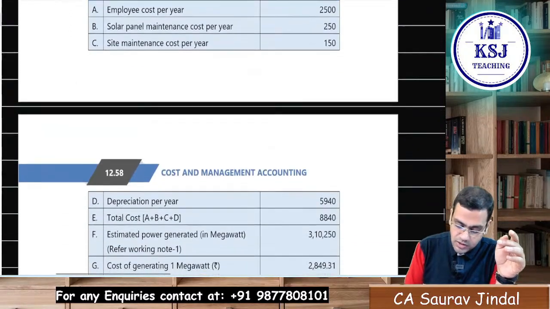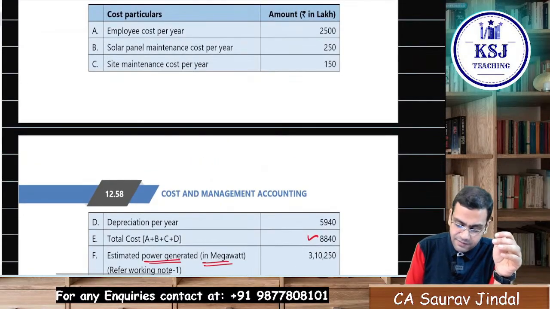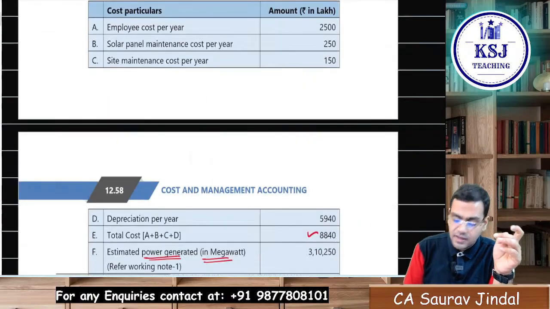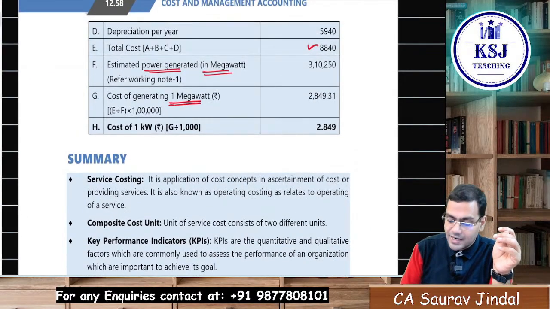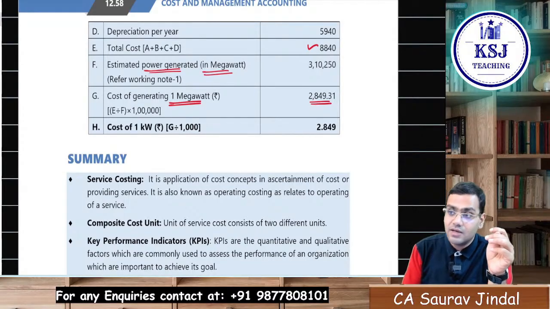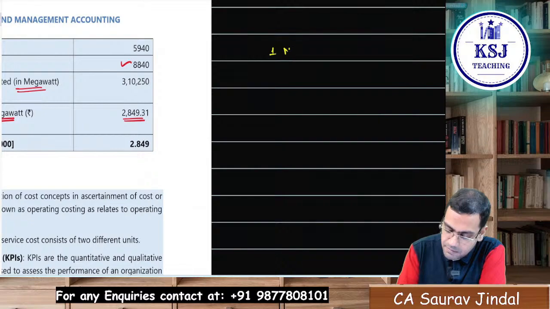Then what is the cost, total cost, estimated power generated in megawatt, right? That we have taken sir, 3,10,250. What is the cost of generating 1 megawatt? That is 2849.31.